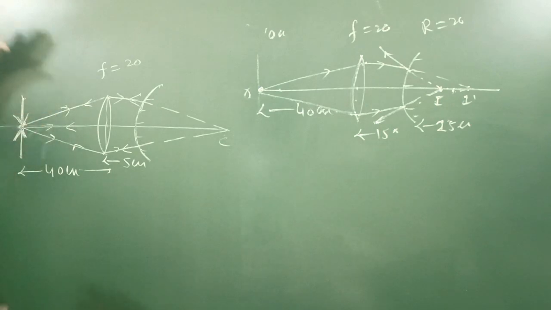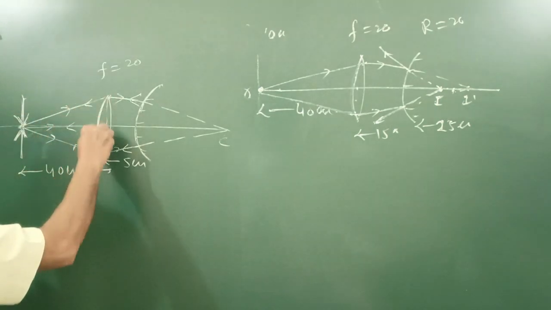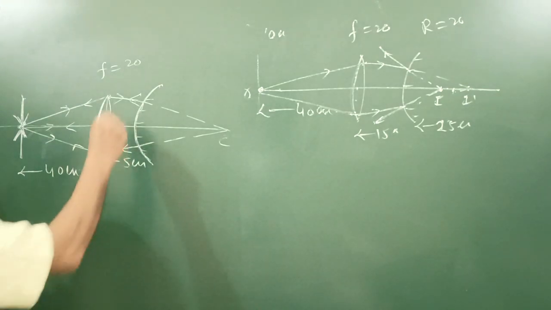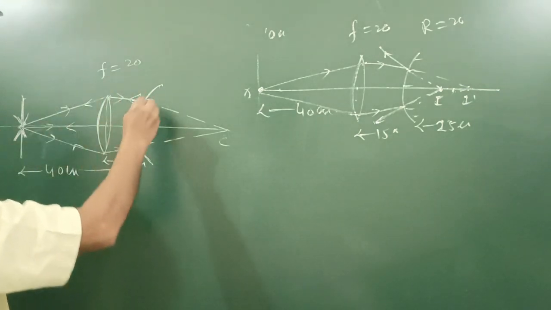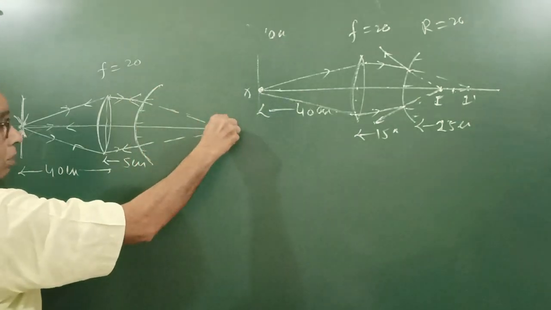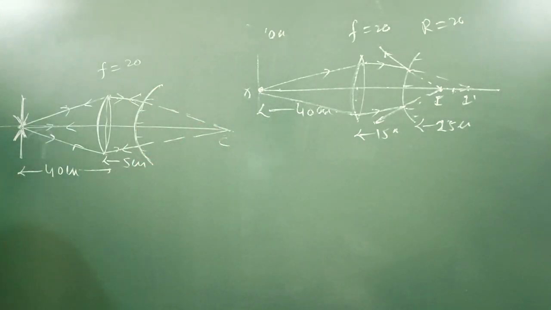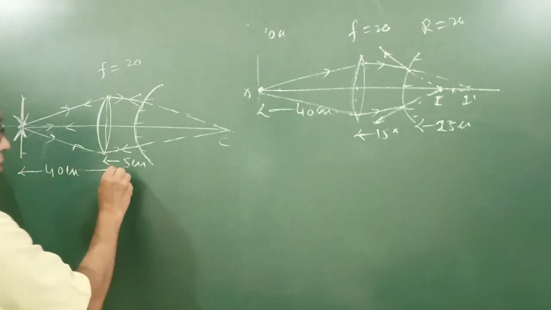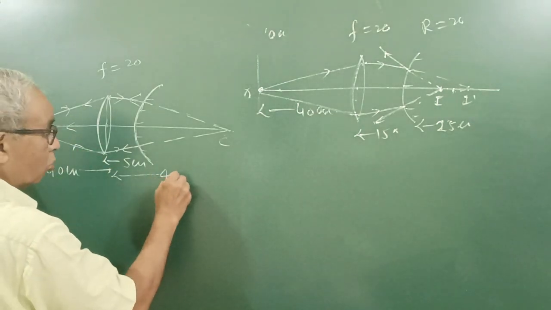It is possible if a ray after refraction from this lens falls normally on the mirror, and a ray falling normally will be reflected back, and then they appear to come from the center of curvature. Since the object is at 40 centimeter, this distance is also 40 centimeter.